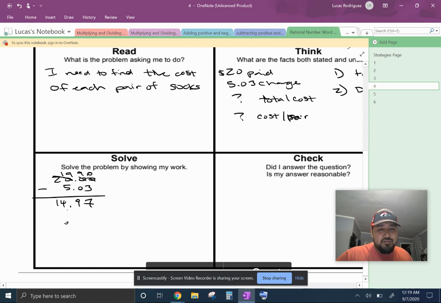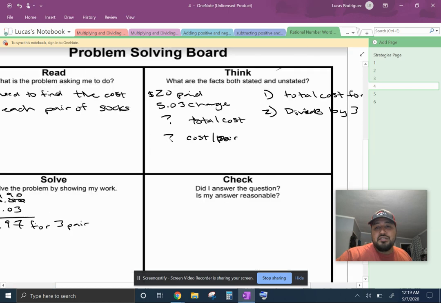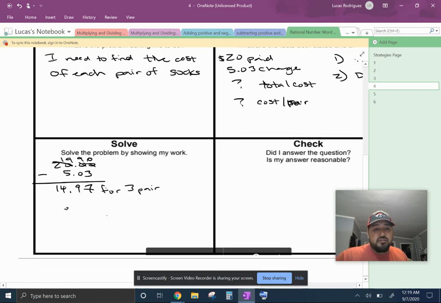Yes, 14.97 for 3 pairs, because $20 was for all 3 pairs. The next thing I said I was going to do was divide by 3 to get each pair. So 14.97 divided by 3.